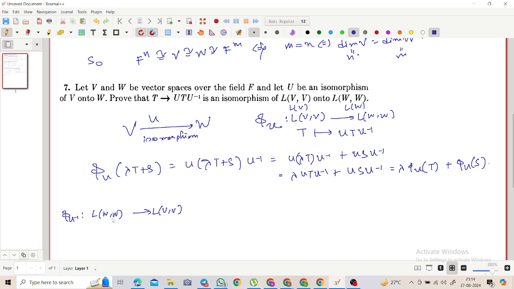If n is a linear map, it will send n to U inverse n U. What is phi U composed with phi U inverse of n? This is nothing but phi U of U inverse n U. It is nothing but U inverse n U.